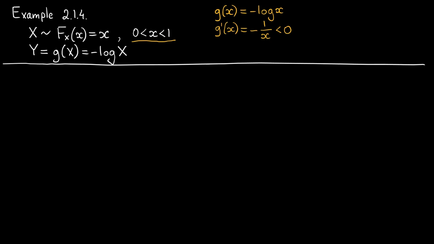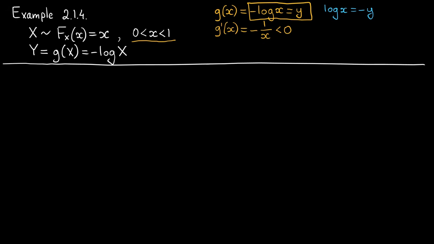And let's find the inverse as well. This is essentially what we're starting with. Y is equal to minus log of x, and that's the natural log we're talking about here. To find the inverse, we just need to solve it for x. Let's first multiply by minus 1 on both sides. We get that log of x is equal to minus y.